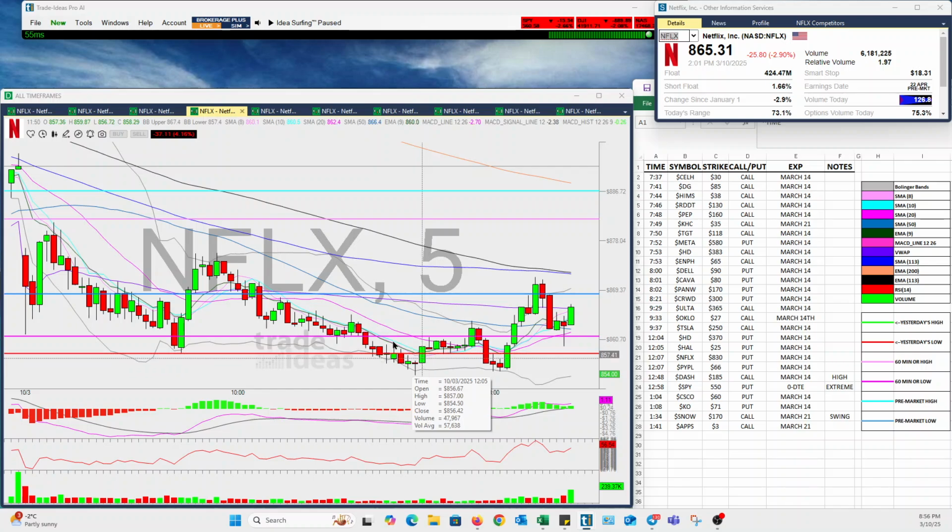Looking at this trade, your moving averages are in a downtrend, but when you've already had that much of a downtrend for the day, you're going to be expecting a reversal at some point. This was yesterday's low, the red line, and you can see it crossed below, but it was sort of like a fake breakout below and then reversed here. So there wasn't a good entry point there.